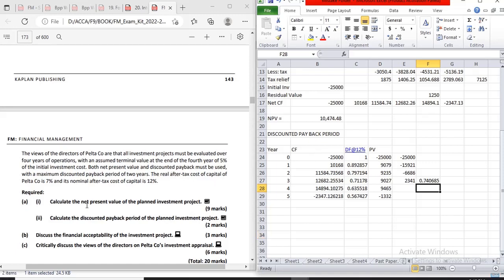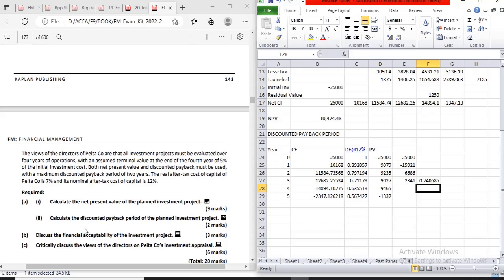Okay, so while commenting on the financial acceptability of the investment project, it should be mentioned. First, the NPV of the project is positive, so the project is financially acceptable according to the net present value. But in the case of discounted payback, we got 2.7 years, but in the question it has been specified that it should be 2 years in order to accept the project.